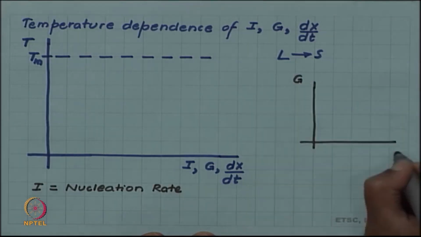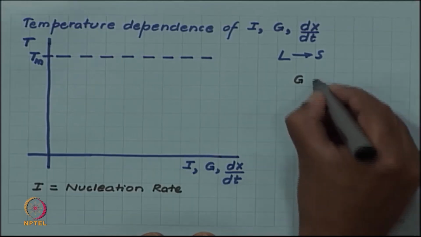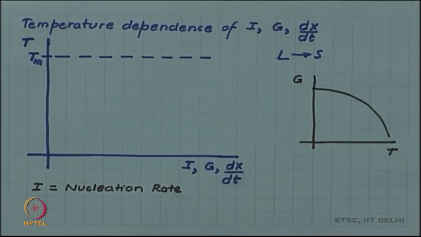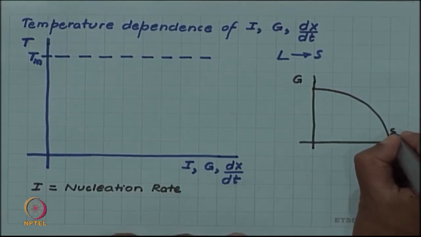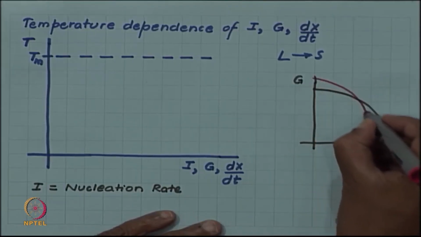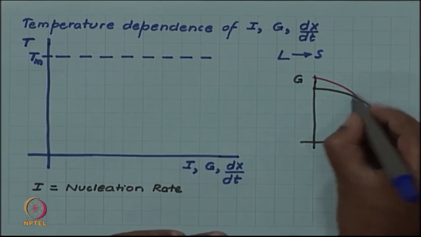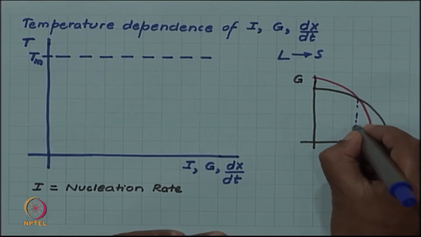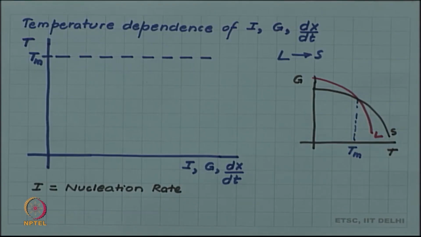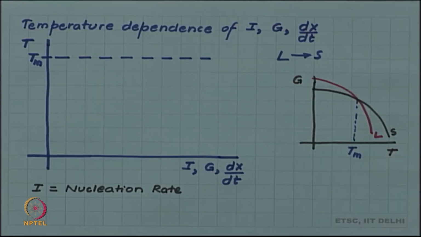So, if this is free energy and this is temperature, we saw that if solid has this free energy as a function of temperature and a liquid has this free energy as a function of temperature, then the intersection of solid and liquid free energies is the melting point, and the driving force is the difference between the liquid free energy and the solid free energy.